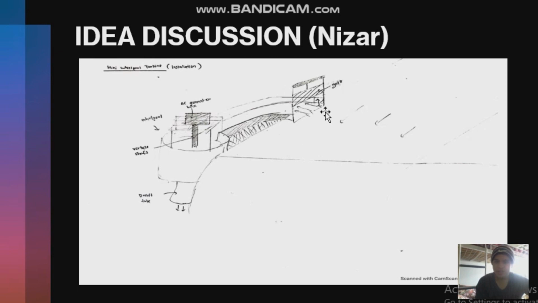As I mentioned earlier, we can also consider a gate on the passage. If the silt measurement device detects a high concentration of silt, the gate will be closed.